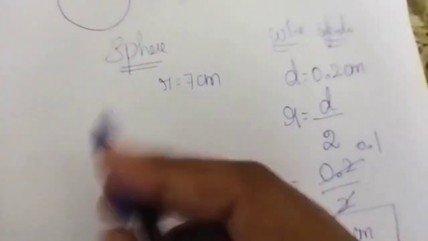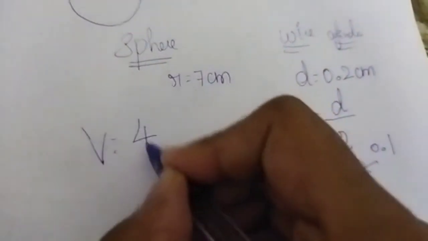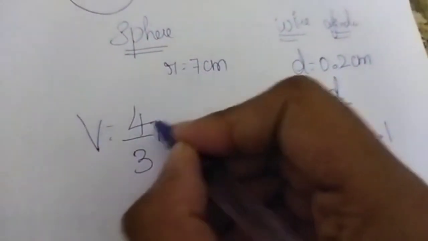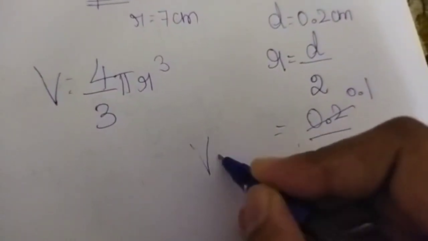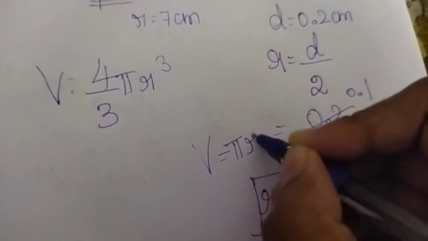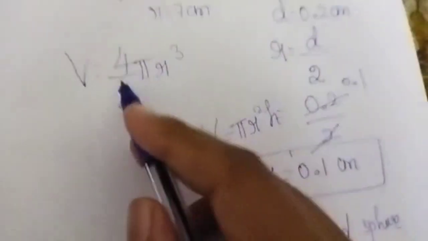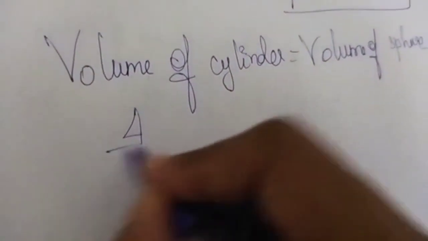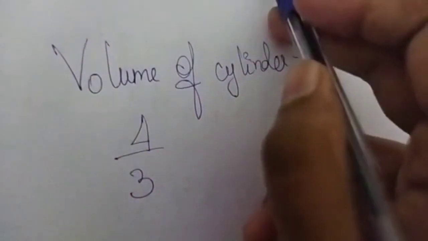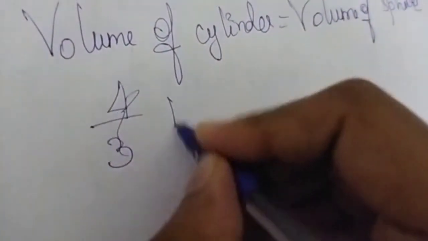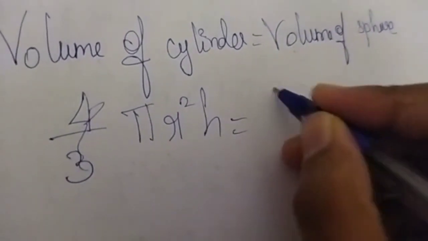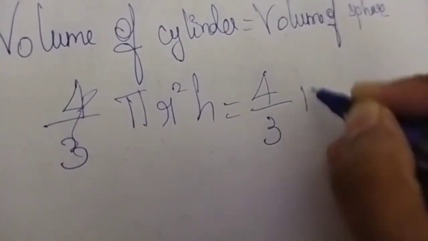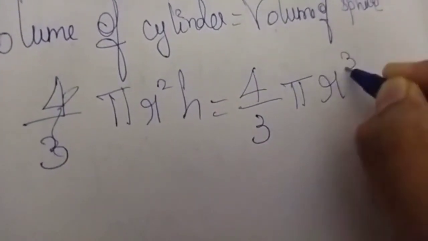Volume of sphere is 4 by 3 pi r cube and volume of cylinder is pi r square h.